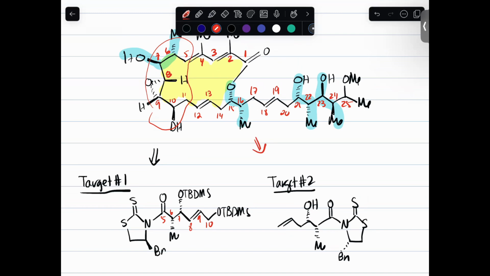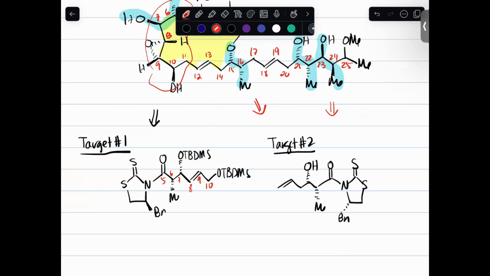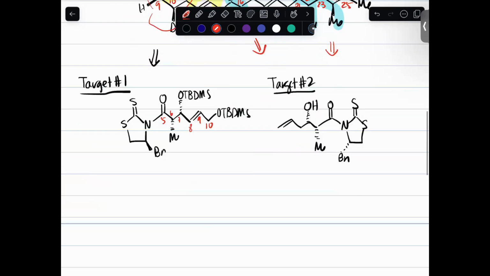It's for the carbon 15-16 part of the molecule and for the carbon 21 through 25 part of the molecule. Okay. And so that's why I haven't numbered target number two, because he uses it to synthesize both parts. But let me start off with target number one.